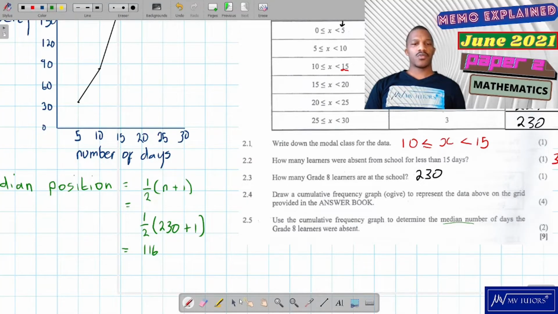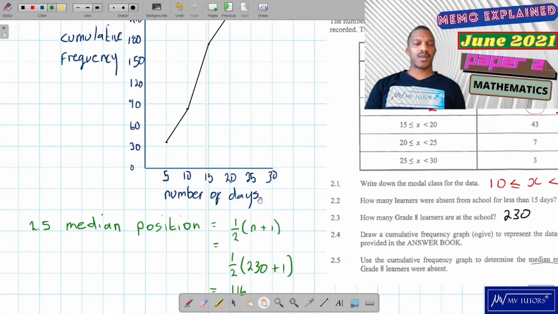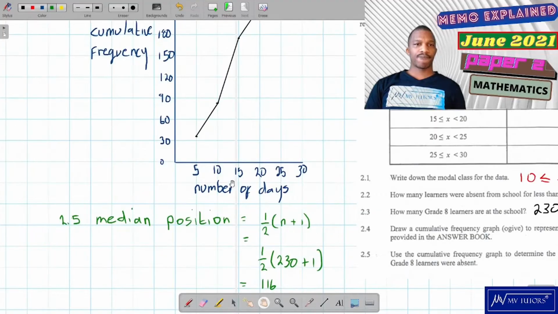Right. So what does this mean? It means we come here, we look for the 116th position on the cumulative part. So we look for 116. So that's 90. It's gonna be 100, 110. So 116 somewhere here.